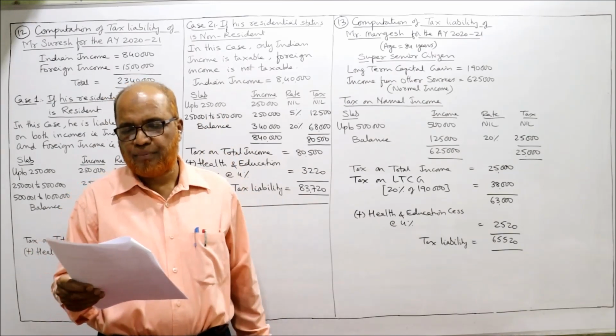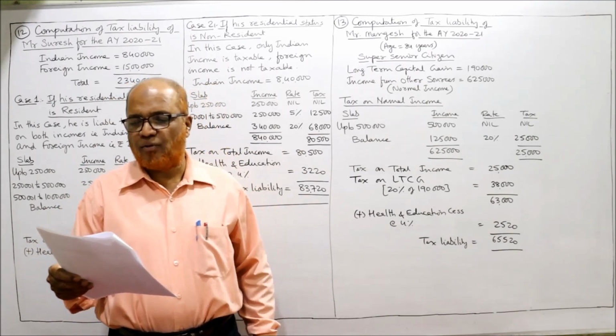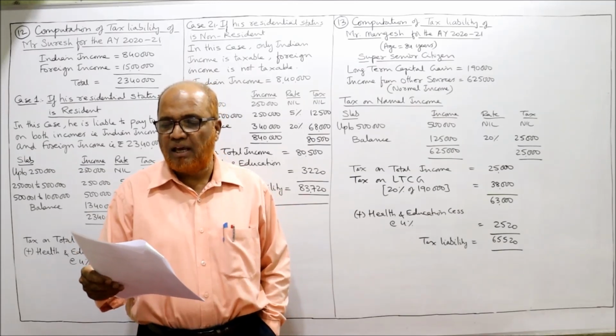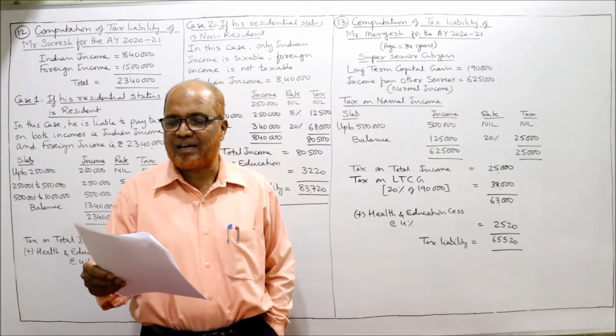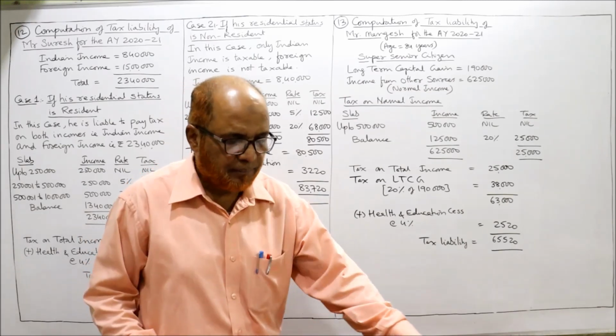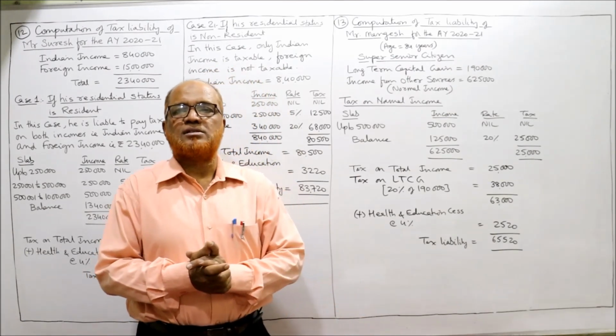Now we'll apply 5 lakh. Mr. Mangesh, age 84 years, income for the previous year relating to the current assessment year is income from other sources 6,25,000 and long-term capital gain 1,90,000. Calculate tax liability. He is having two incomes.